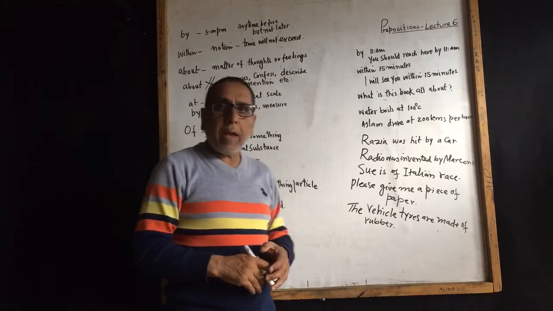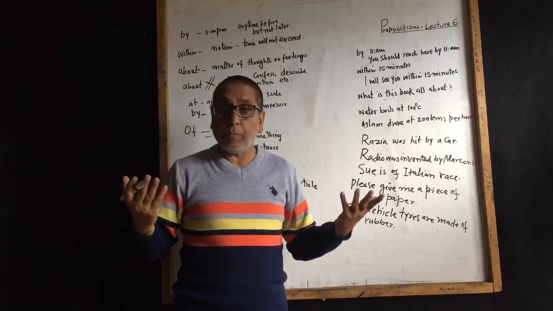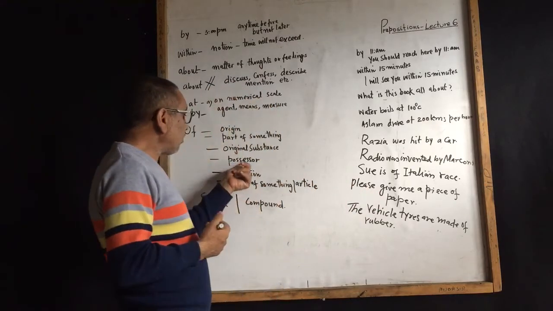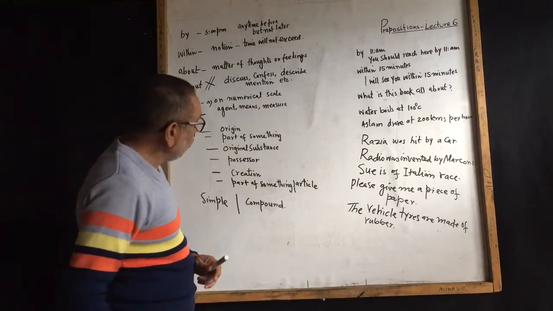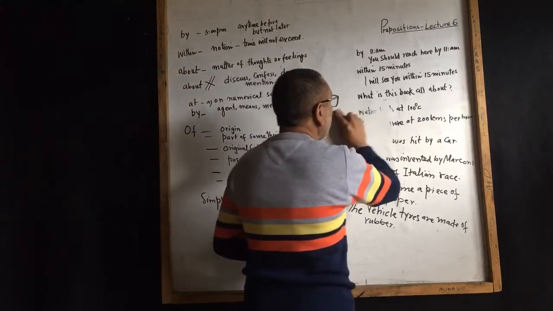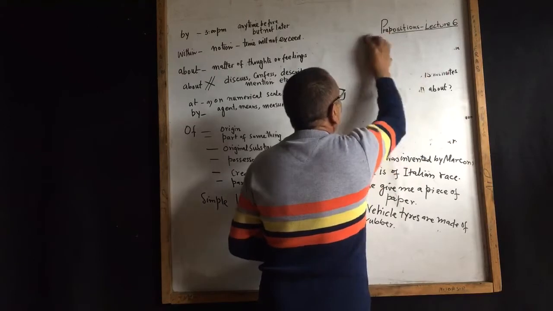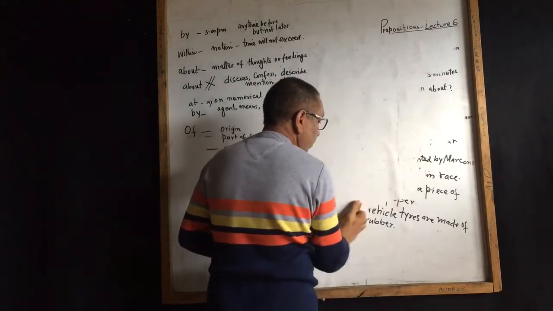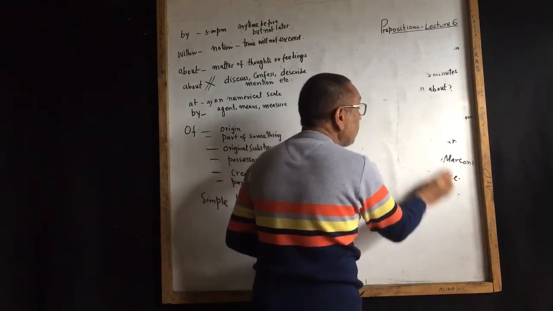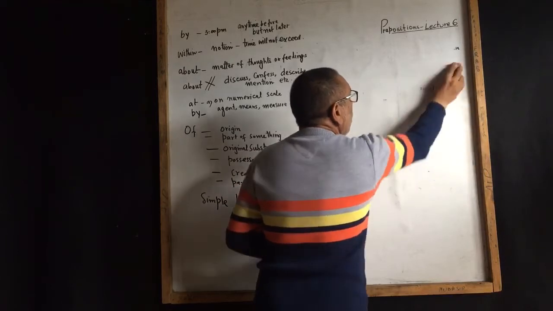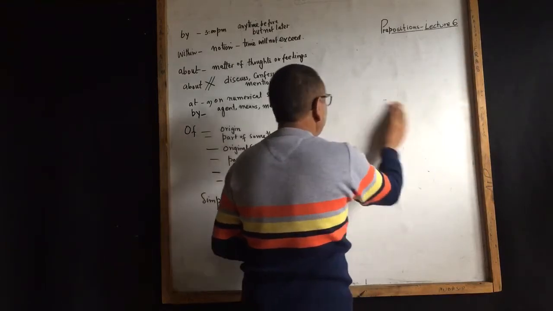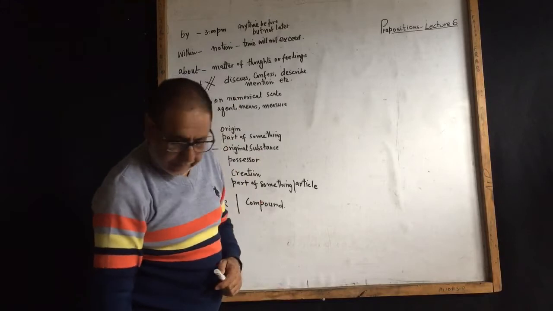Accordingly, I am the owner of a big house, meaning possessor. When you are a possessor of something, I am the owner of a big house. You can write like that. I am the owner of this house. Who is the owner of this house? Who is the owner of this car? You can say like that.